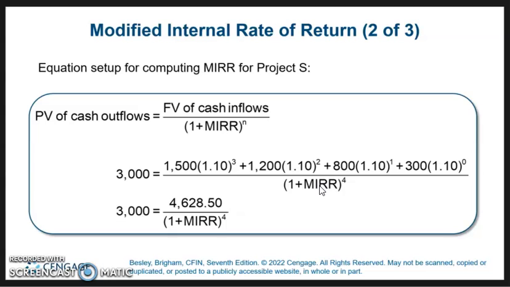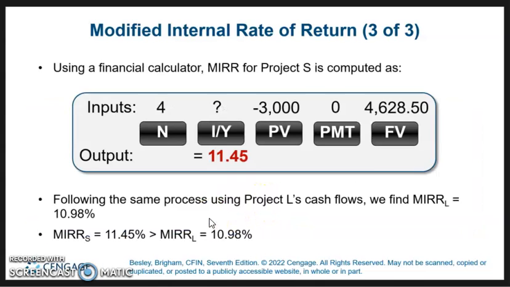Actually, I misstated. The modified internal rate of return discounts all the negatives and then future values all the positives. Then we calculate the IRR after that. This gives us one solution.